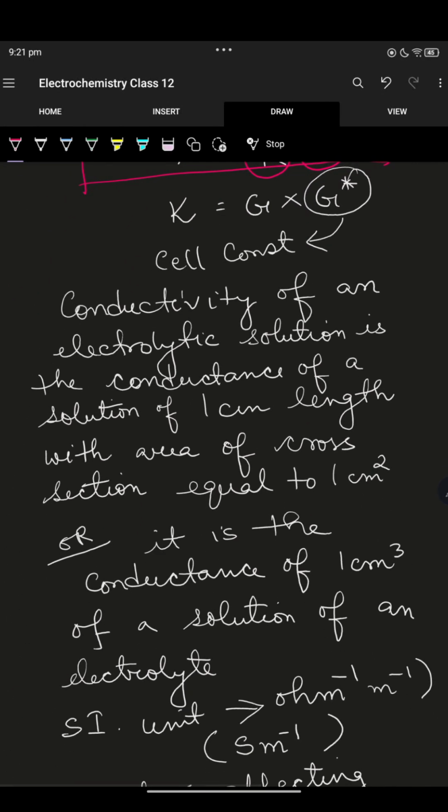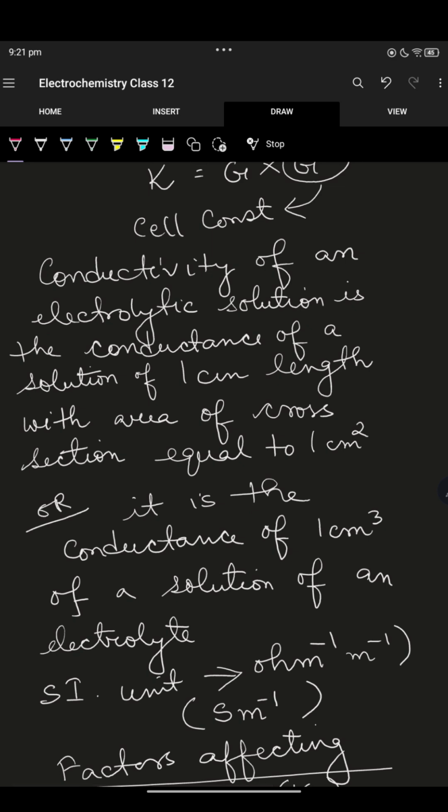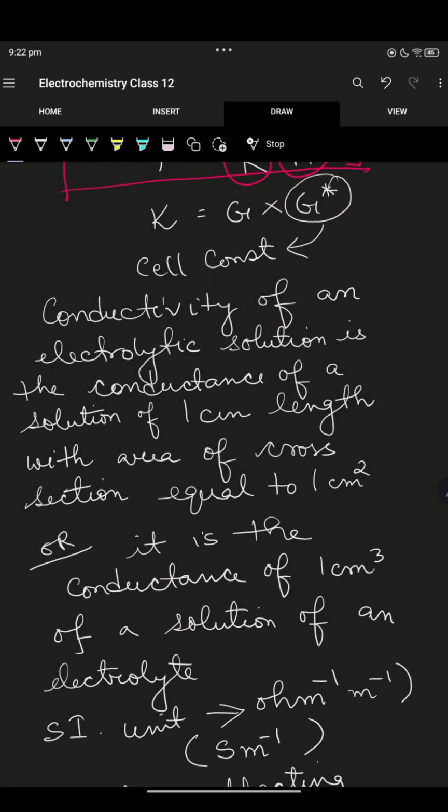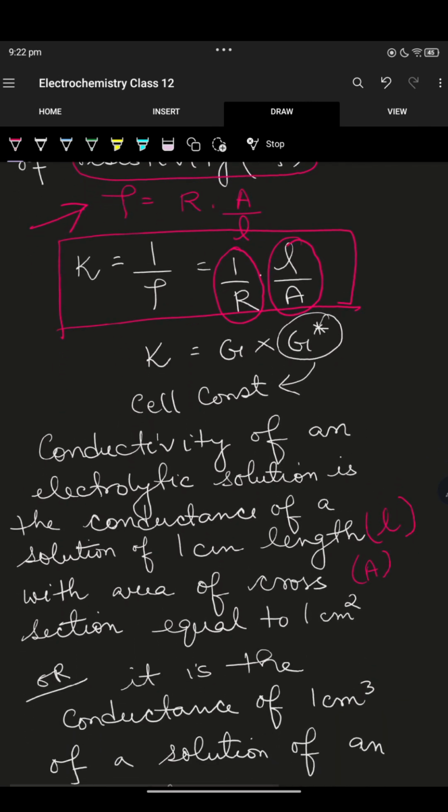Now, conductivity kappa of an electrolytic solution is the conductance of a solution of 1 centimeter length with area of cross section equal to 1 centimeter square. Kappa is G into L by A. So, kappa will be equal to G if L is equal to 1 and A is equal to 1.